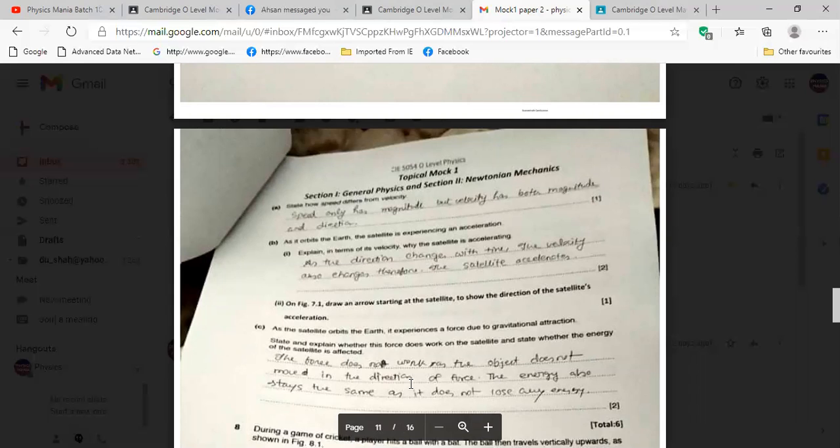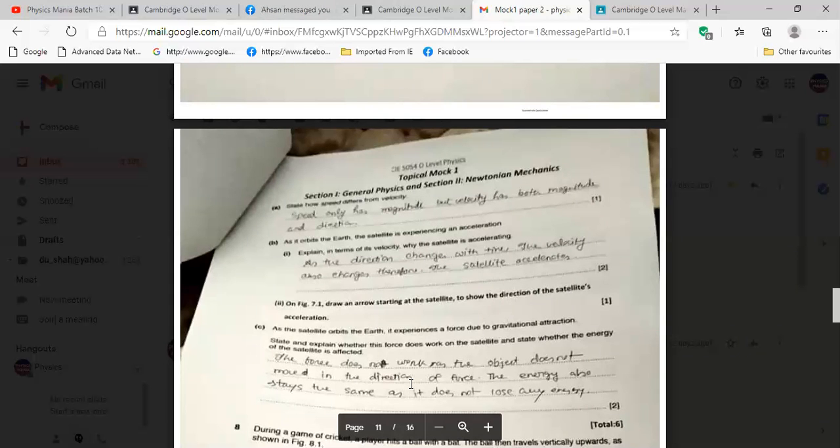Okay, so here velocity changes direction, right? That's why we are getting the acceleration. We have linear motion and circular motion. In linear motion we have a change in magnitude of velocity to get acceleration. But in circular motion we don't have a change in magnitude of velocity; rather we have a change in direction of velocity.